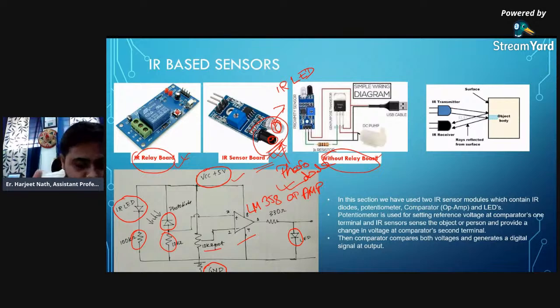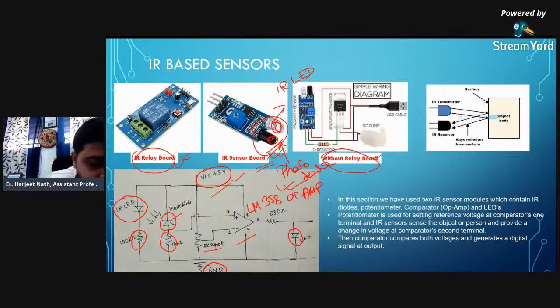So when this system is powered on, the IR LED emits light in the infrared spectrum, and whenever it falls on this photodiode, the resistance of the photodiode drops, and accordingly the voltage also drops.